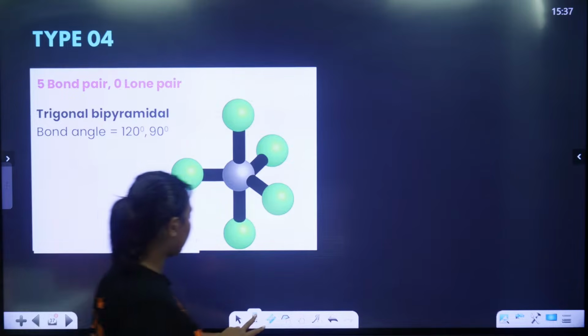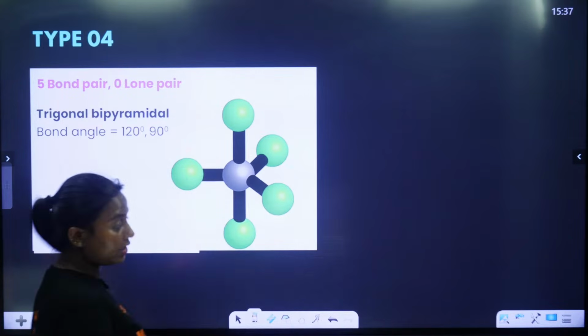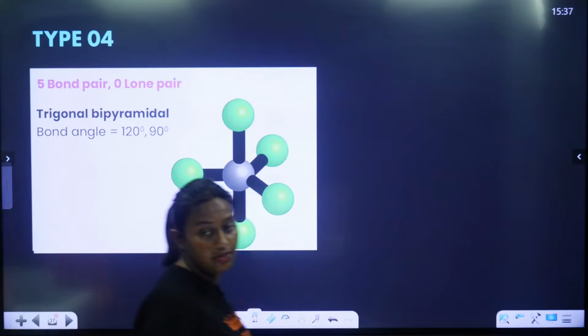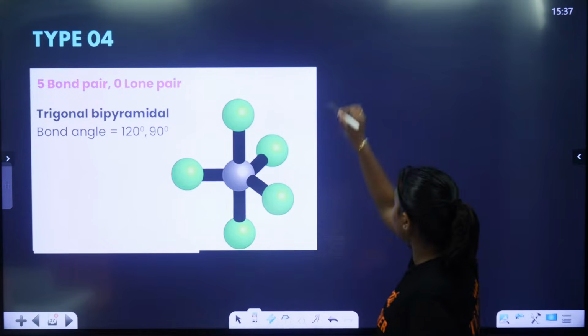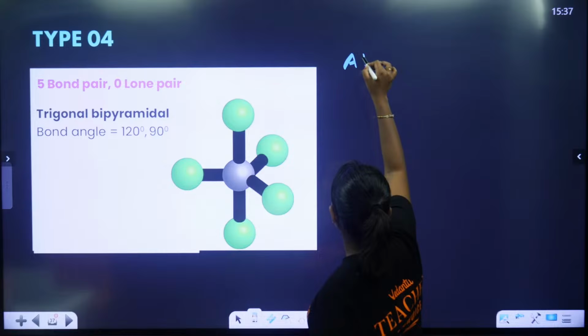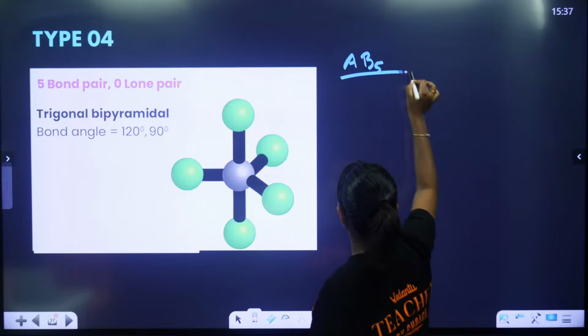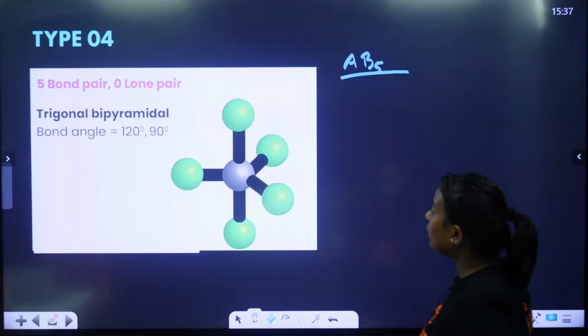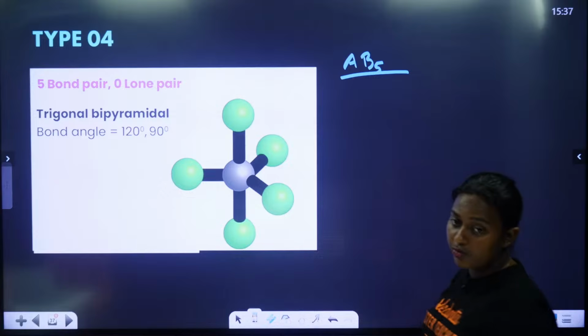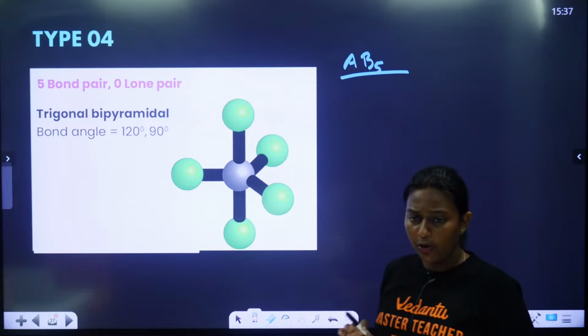Okay, next type is AB5 type. So I am writing here AB5 type. In AB5 type, first we are considering there is no lone pair, only bond pairs are there.